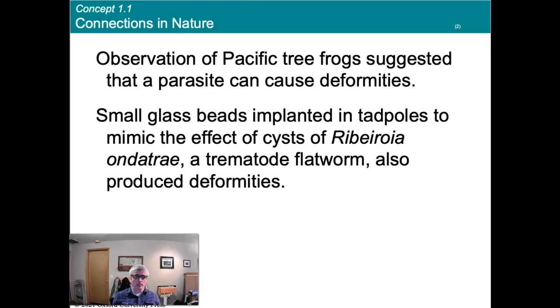Instead of doing an experiment where they were infecting tadpoles with known quantities of the flatworm, they just put in an analog, these little glass beads, to see if just the physical structure of the trematode is what's causing the deformity, or if it's something else. By putting in a small glass bead, they were able to replicate the same outcome.